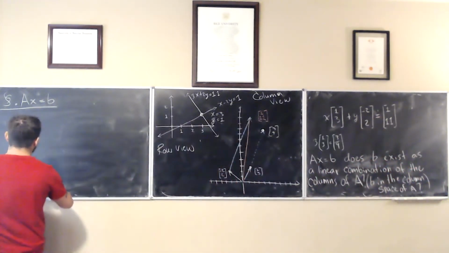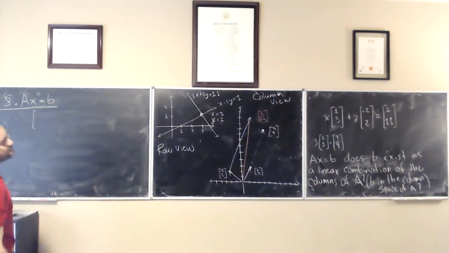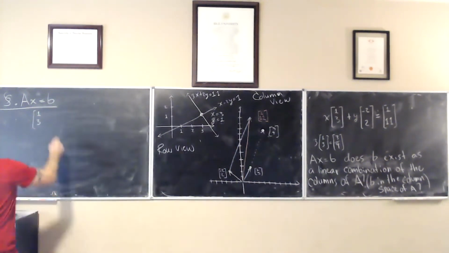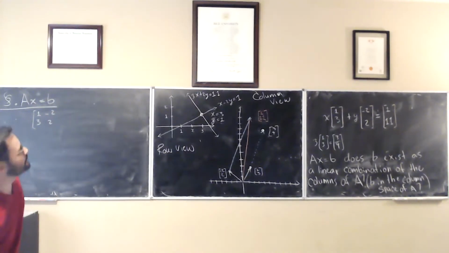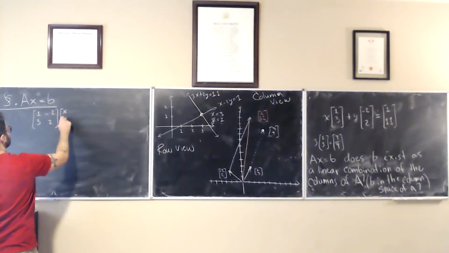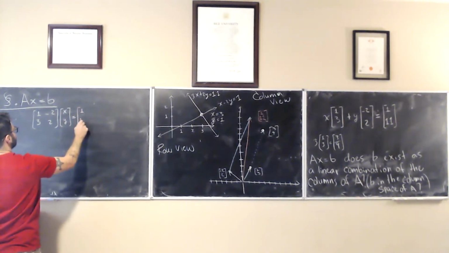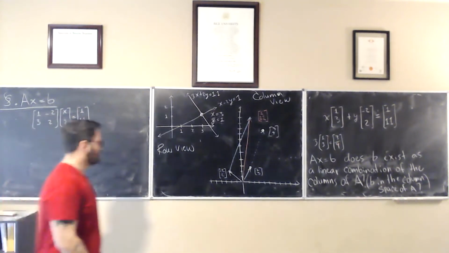I erased it, but let's just write it again: 1, 3, -2, 2, 1, 11.